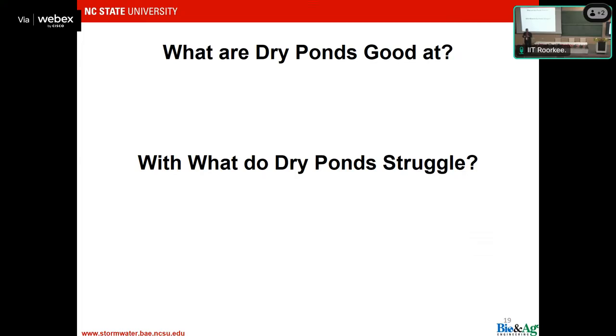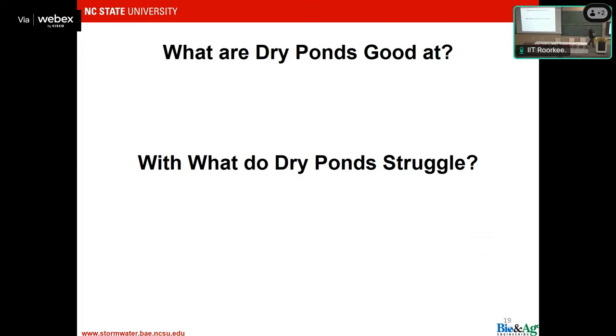All right? And so there is accumulation of sediment, but it's slower in a dry pond than it is for the other practices because of this dynamic of settling. It's still for a few days, it rains again, it resuspends. It's like it just keeps doing this. Some of it does accumulate, but it's not as good at accumulating. So those are the things it struggles with.